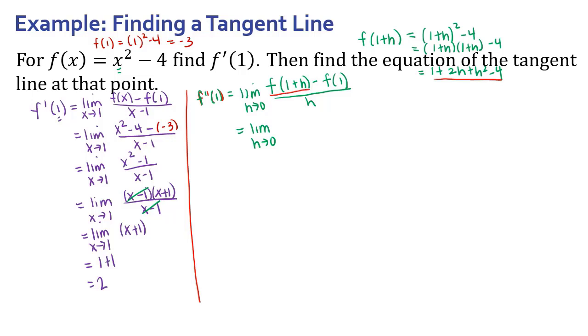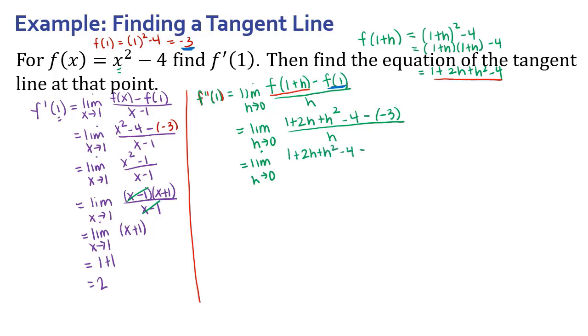I get 1 plus 2h plus h squared minus 4, and then I still have to subtract f of 1, and we found f of 1 was negative 3, so minus a negative 3 all over h. I still cannot substitute in 0 for h yet because I'm going to have that 0 in the denominator, which is an indeterminate form. So let's continue and see if hopefully we can simplify this.